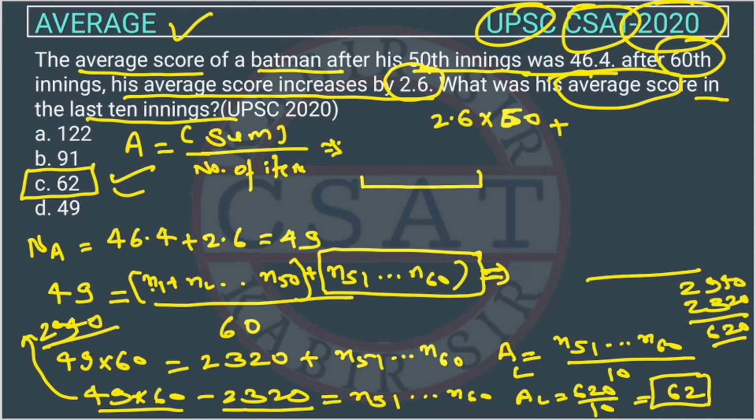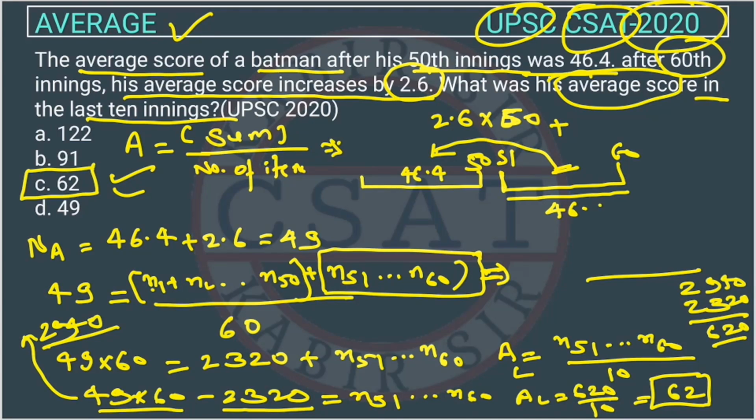Suppose these are his first 50 innings, where the average score is 46.4, and these are innings 51 to 60, the last 10 innings. Because of these innings, the average score of the first 50 items also got increased. So suppose the average score of these items is also 46.4, and the average of all items got increased by 2.6 due to these.